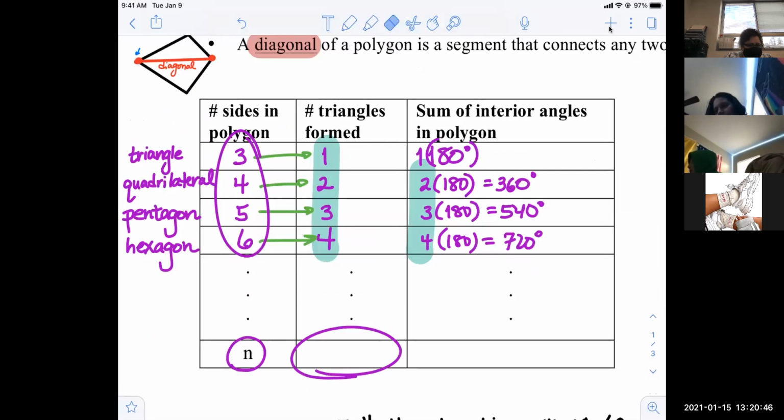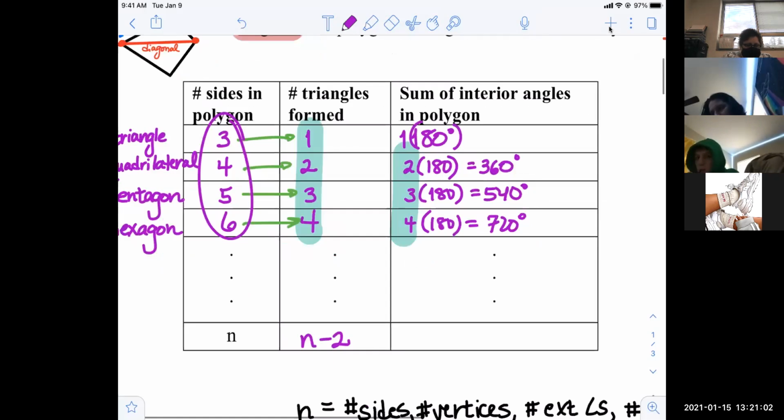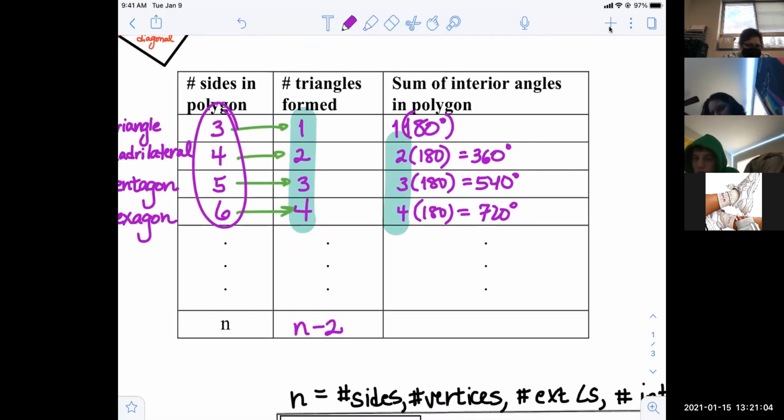You said we were going to subtract 2, so it should be n minus 2. Okay, so if it has n sides, the number of triangles would be 2 less than that. So if there were 10 sides, there'd be how many triangles? 8. And then what's the formula over here? Whatever this was, that got multiplied by what? By 180, and that's your formula, okay?